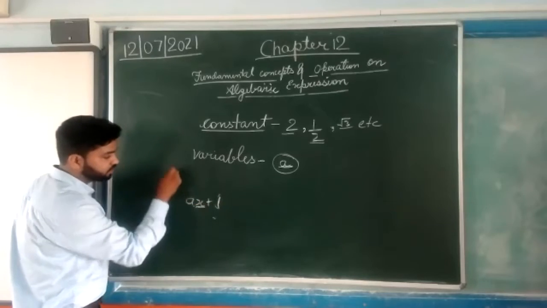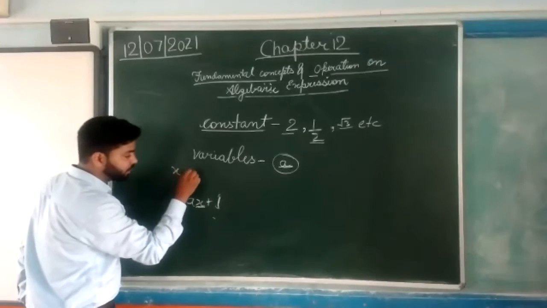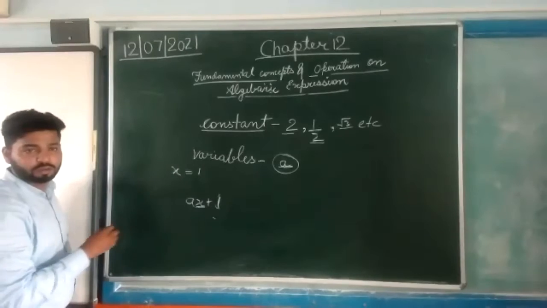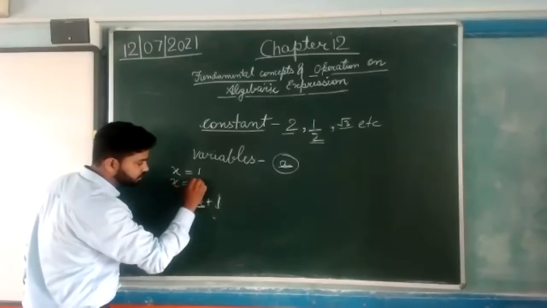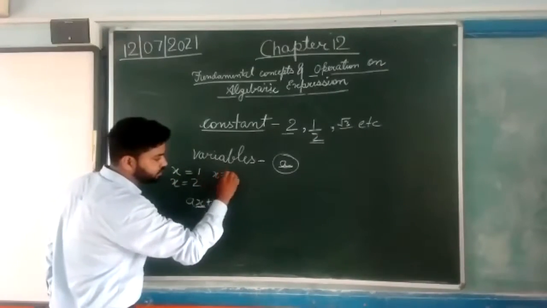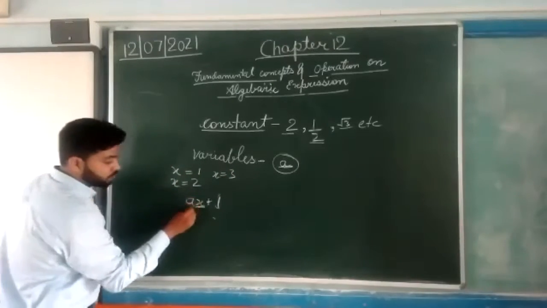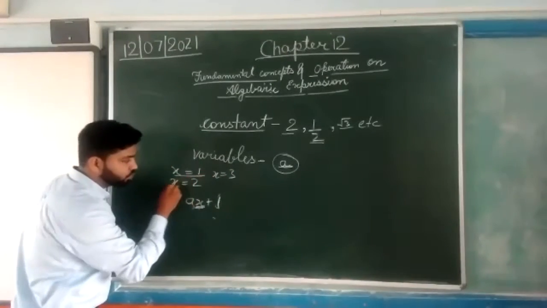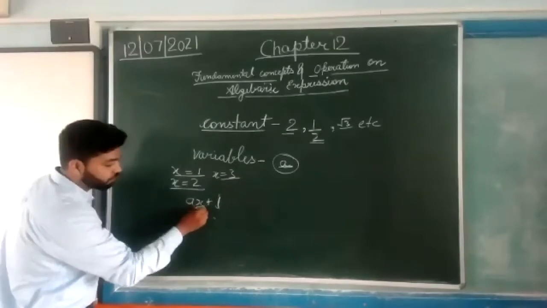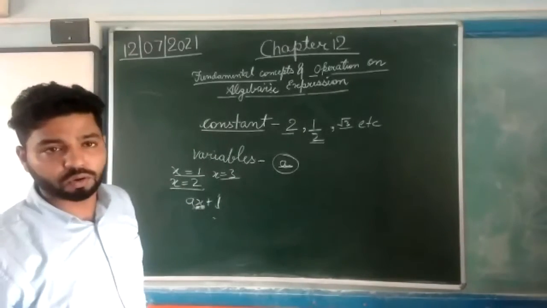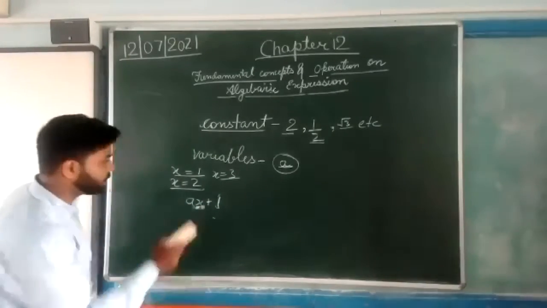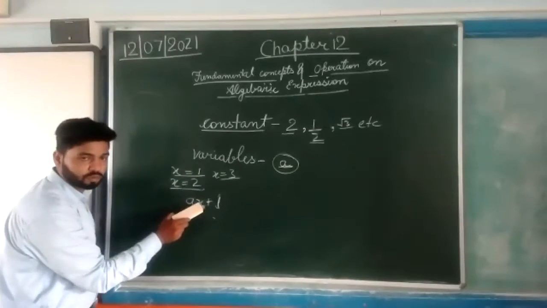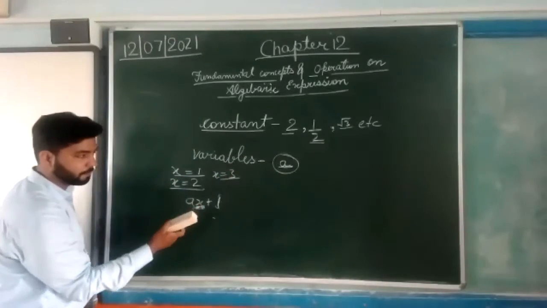So here x is the variable. x depends upon, if x is equal to 1, if x is equal to 2, and if x is equal to 3. This x depends upon the value, so we cannot define it because it is changing by the situation.